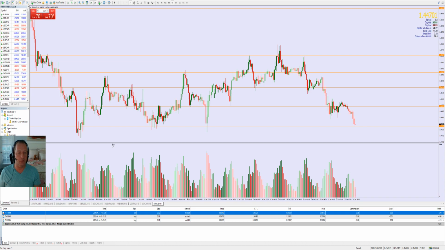So we're going to call this stop hunt. Expect price to come down to touch here. When it does, we want to know about it. So we're going to set an alert.